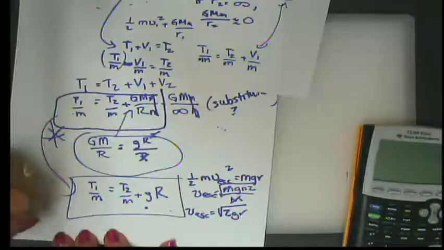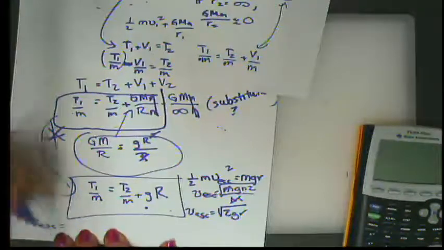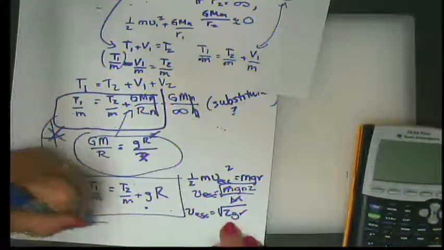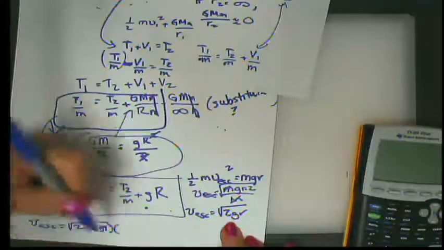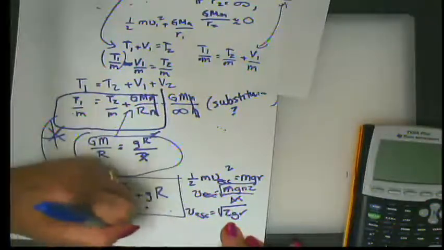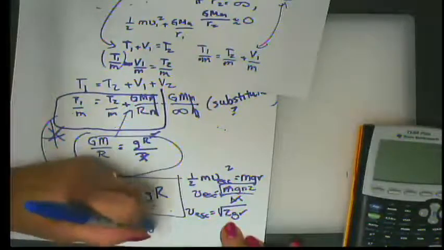All right. And so at that point, you can solve for the escape velocity. Times that radius, which we decided was 6.67 times 10 to the 6th.